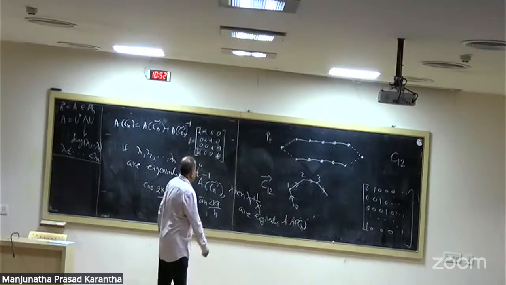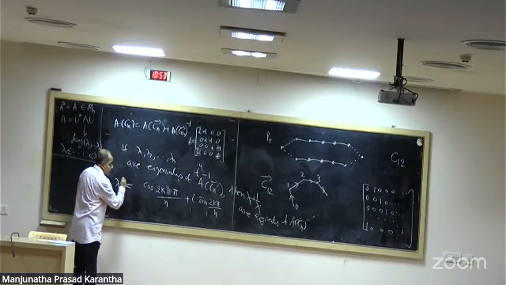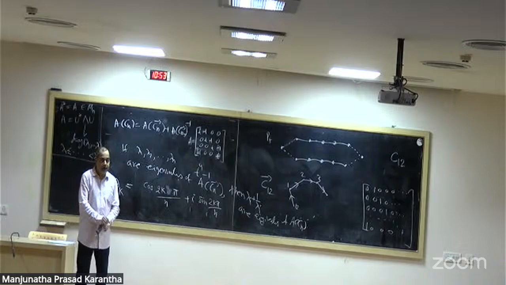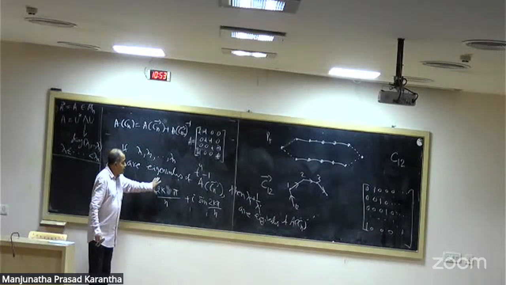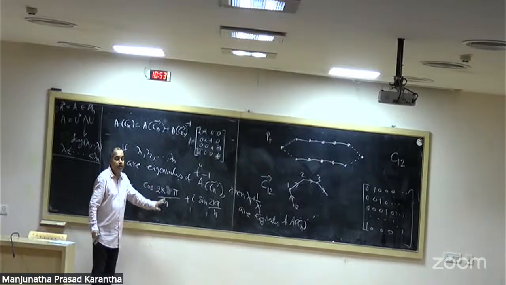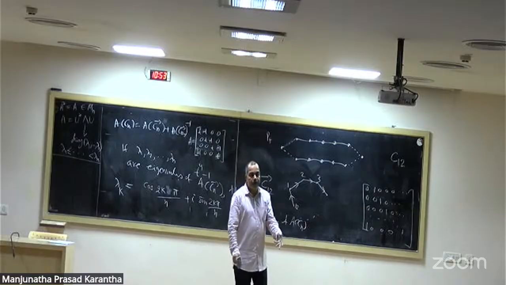Okay, and what is that? This was lambda k. Okay, this was the test. So what we were getting is this one plus the inverse one.